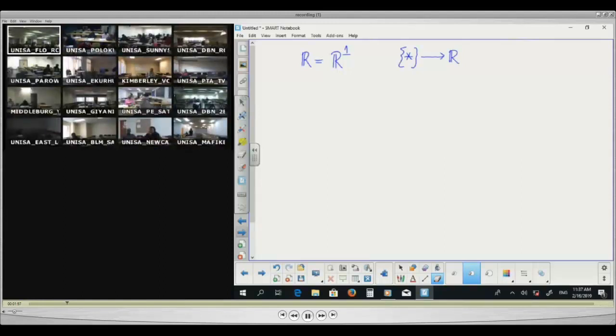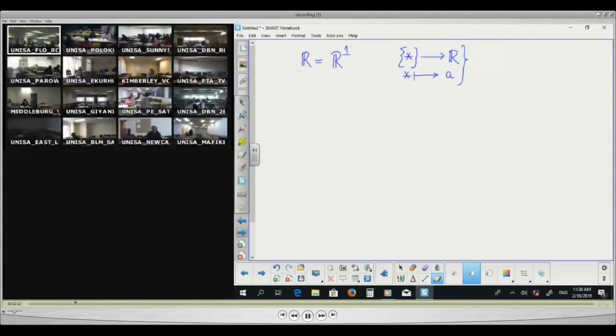Well, if I have to give a function, then I must tell where this star must go. And it can go only to one real number. Okay? So the real number A can be thought of as a function from the singleton set to R. Okay?